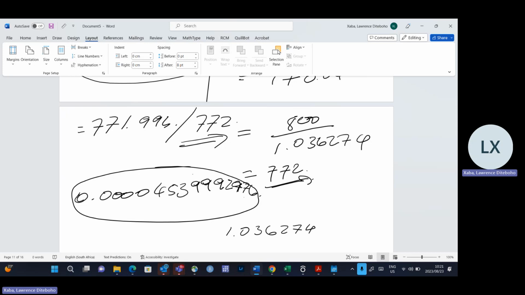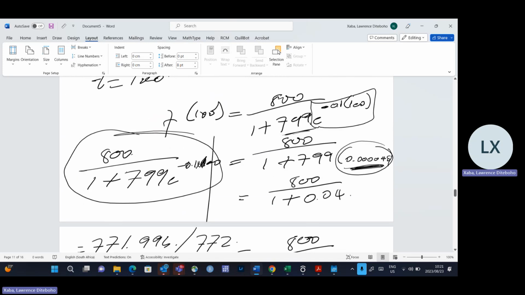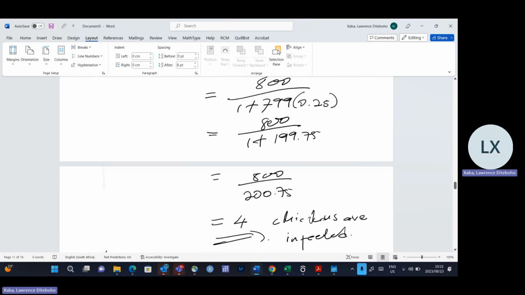So it means after 100 days, the number of chickens infected with the virus is 772 chickens. Okay. So this is the logistic growth.